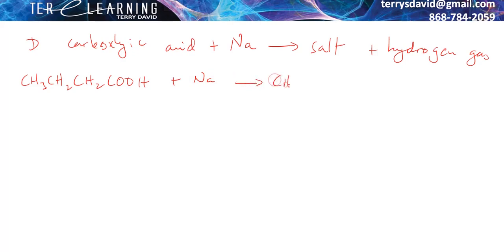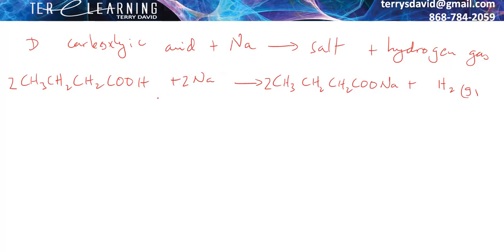So it's CH3, CH2, CH2, COONa plus H2 gas, right? Hydrogen gas. So all you need to do is to put a 2 here, a 2 here, and a 2 here, and the equation is balanced, right?